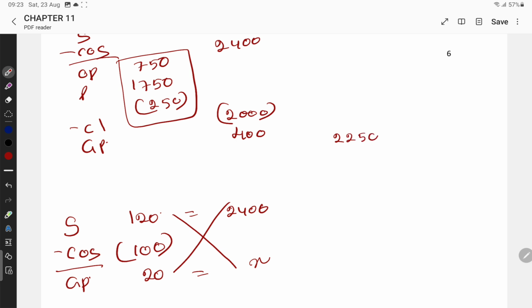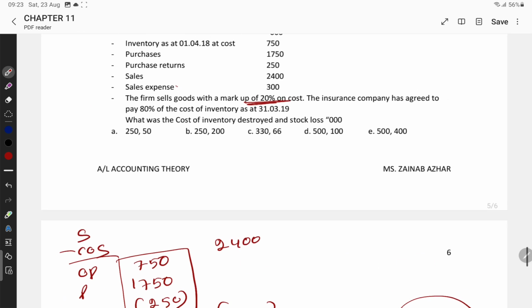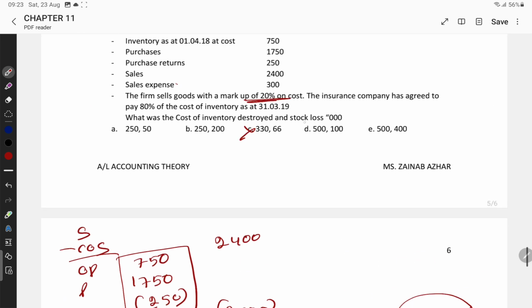So 2250 minus your closing stock, your cost of sales will be 2000. So you take x to the other side, 2250 minus 2000, your closing stock is going to be 250. Okay, so C is gone, D is gone, E is gone.